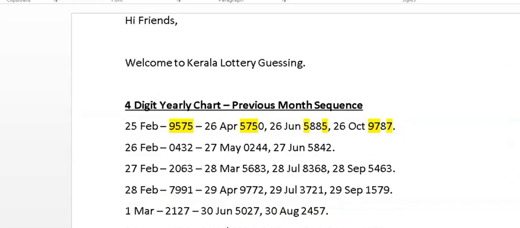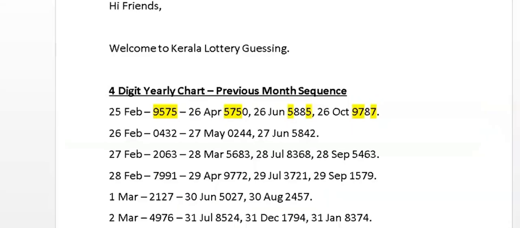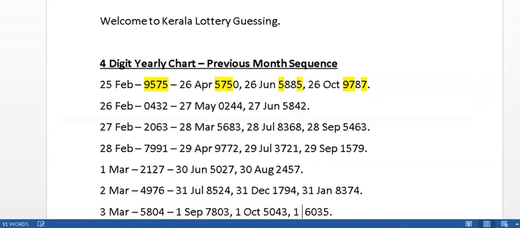Because of the large screen, if I increase the screen, then you're not able to view the whole thing because of the smaller phone screen.